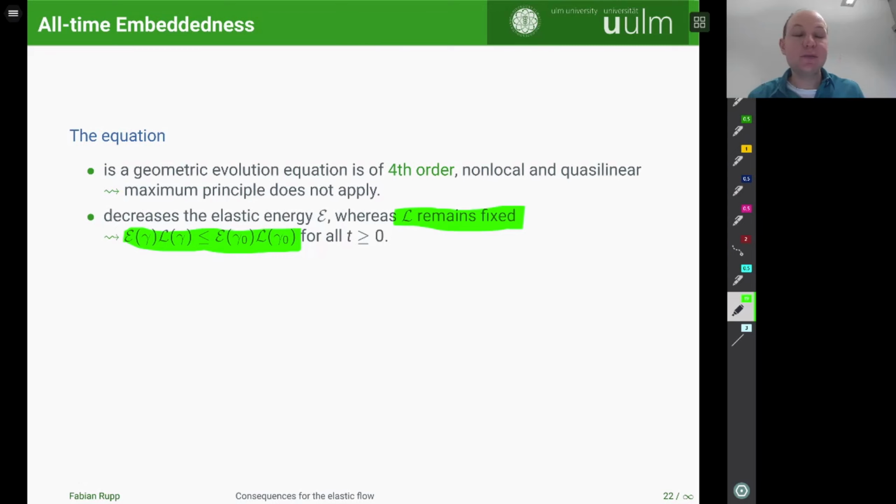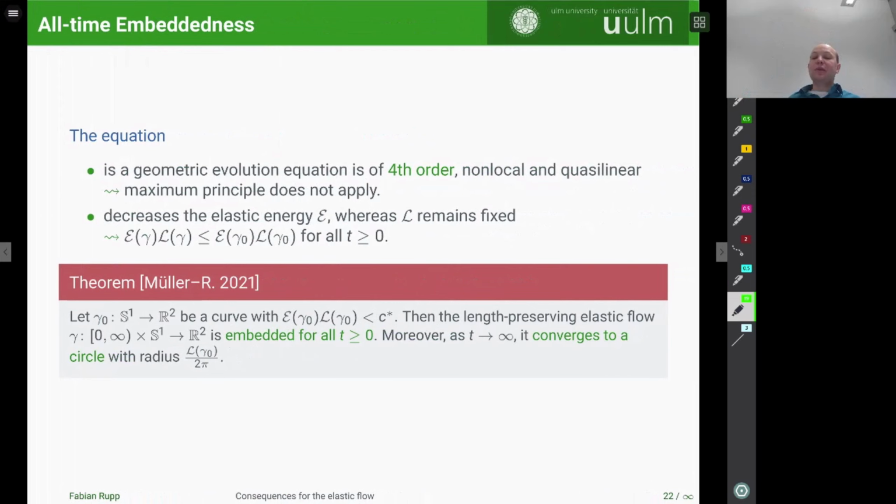So we get the following consequence of our theorem B. If we start this length-preserving elastic flow with a curve with energy below the threshold of the figure 8, then the flow will be embedded for all times. So the initial datum will be embedded and the curve will never intersect itself. And this follows from our inequality and the energy decay, which is written above the theorem.